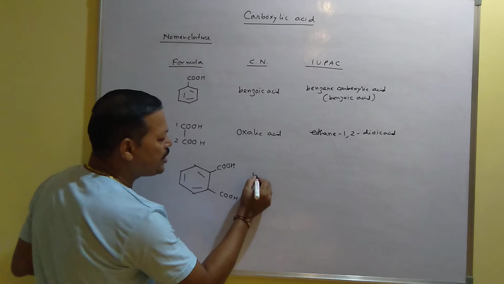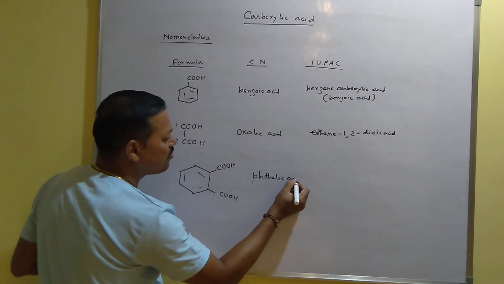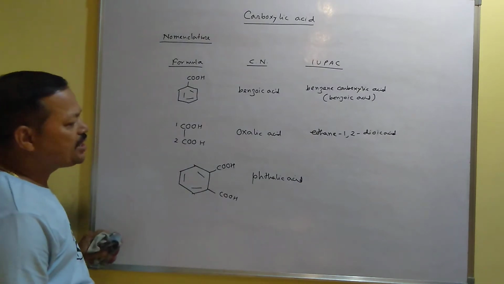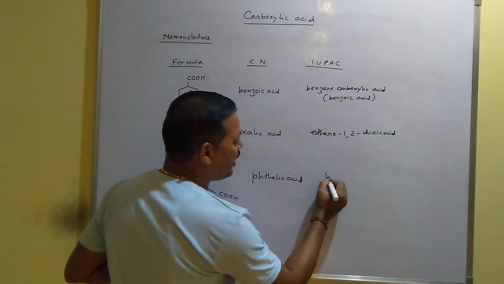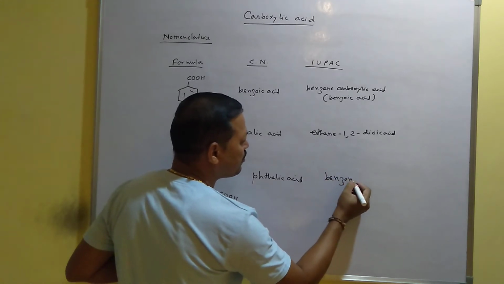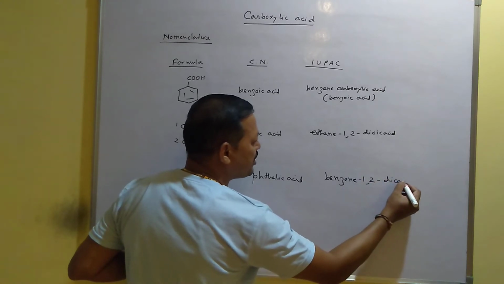The common name is important. Its common name is phthalic acid. And the IUPAC name, if you want to write, you have to write like this: benzene-1,2-dicarboxylic acid.